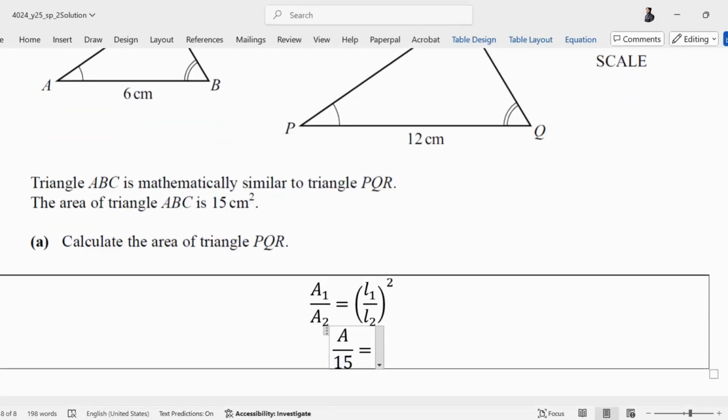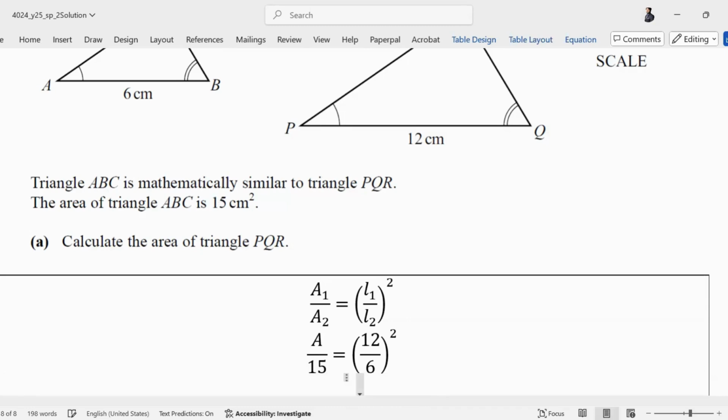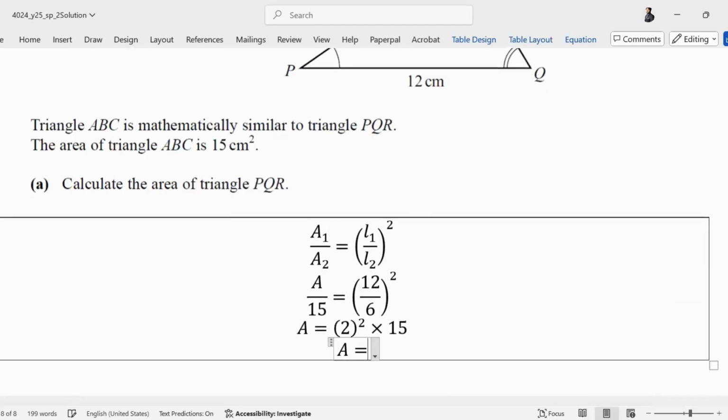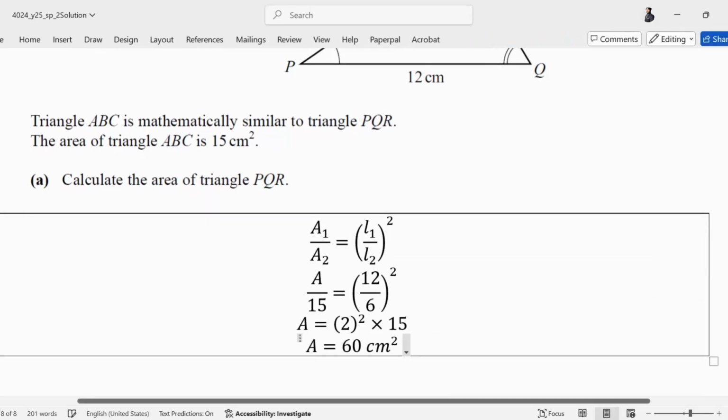Similarly, the length of PQR will be in the numerator and the length of ABC will be in the denominator. It depends on us, but we should be consistent with the ratios. So let's simplify 12 and 6. That should be 2 and 1. So 2 square, and that will multiply by 15. So A will be 4 times 15, which is 60 centimeters square.